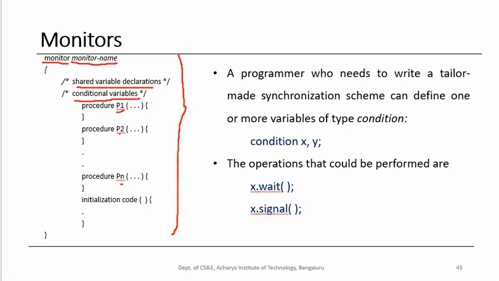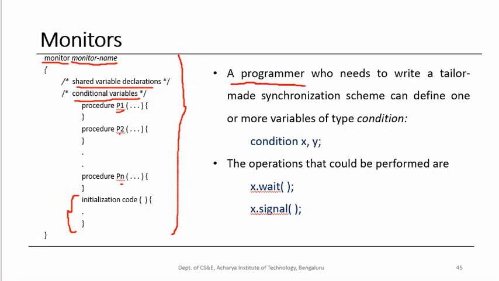And there is a special initialization code that is run first when the monitor is invoked. Whatever you have written inside the initialization code gets executed first. So that's how a monitor looks.